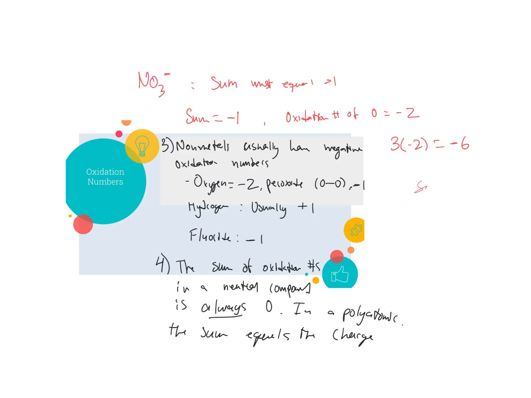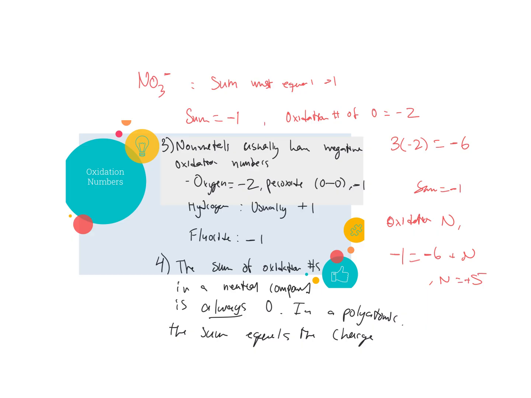If the sum equals -1, then -1 is equal to -6 plus N, and therefore N must equal +5 in this case.